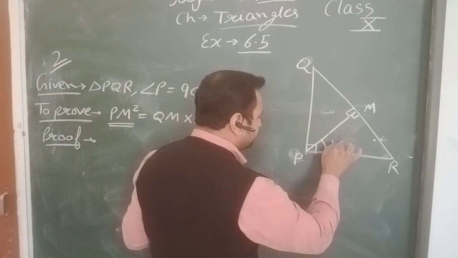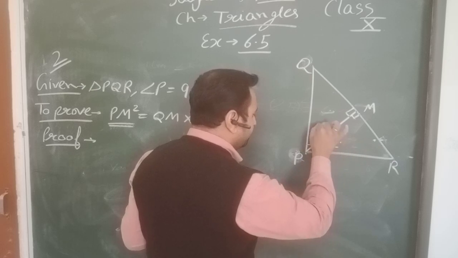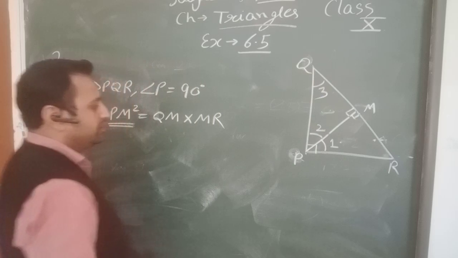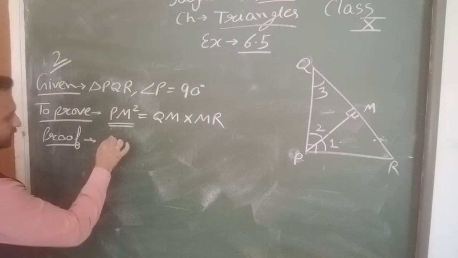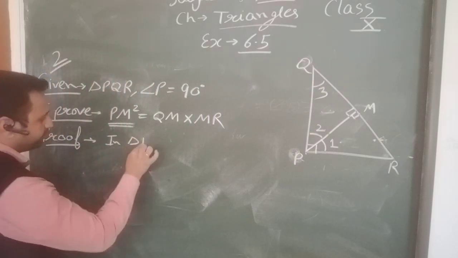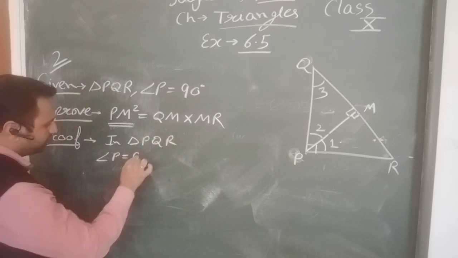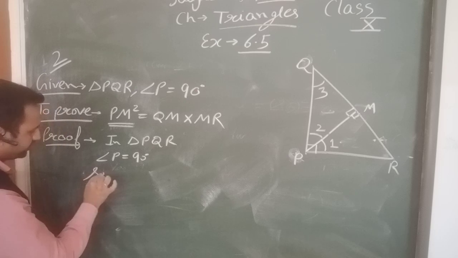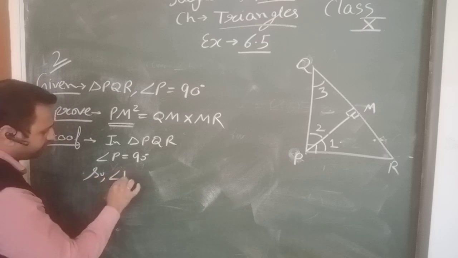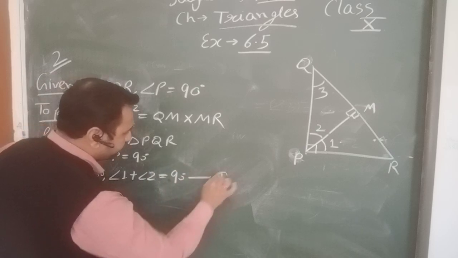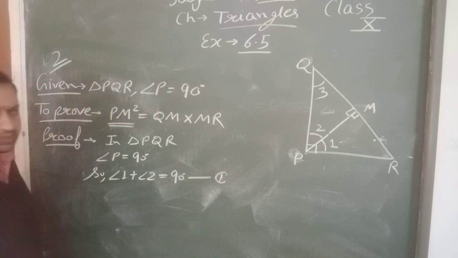Firstly we number the angles: angle 1, angle 2 and angle 3. In triangle PQR, angle P equal to 90 degree, so angle 1 plus angle 2 is equal to 90 degree. Equation number 1.